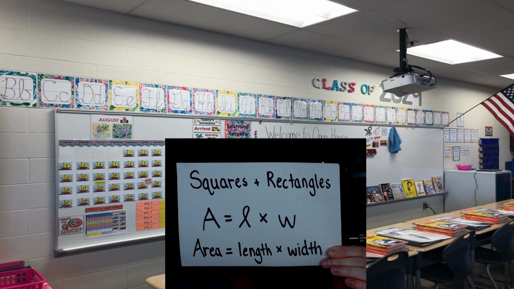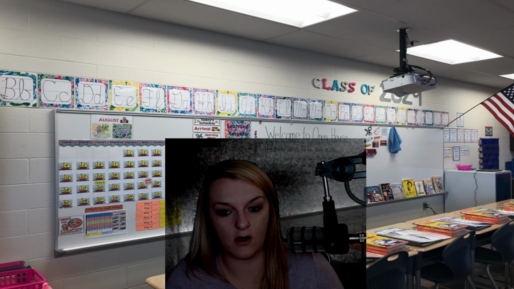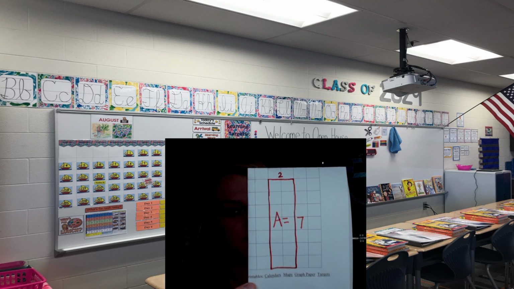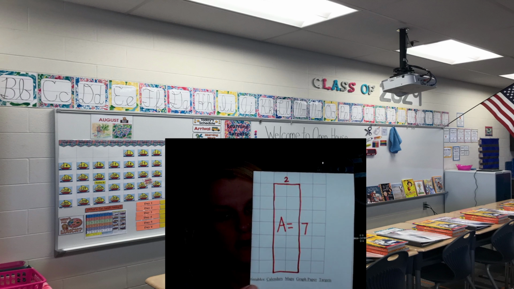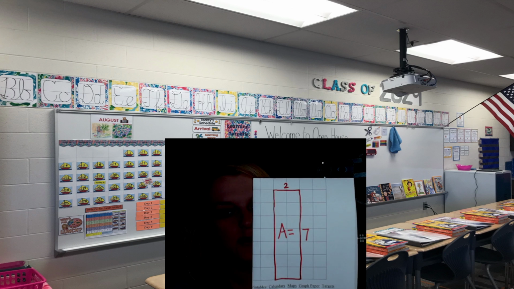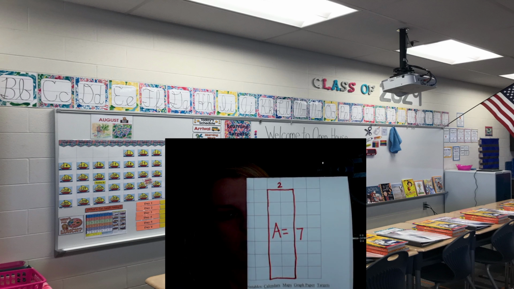I'm going to give you this one to try on your own. You can choose. You can either look at this and count the squares inside, or you can use the two numbers I gave you, and you can use area of a rectangle, length times width, to solve. Okay? You solve this one now. This is something you can draw on your paper. You can draw this rectangle. You don't have to worry about all the squares inside right now. But you can draw a rectangle that's tall and skinny. And you can label the top of your rectangle 2.